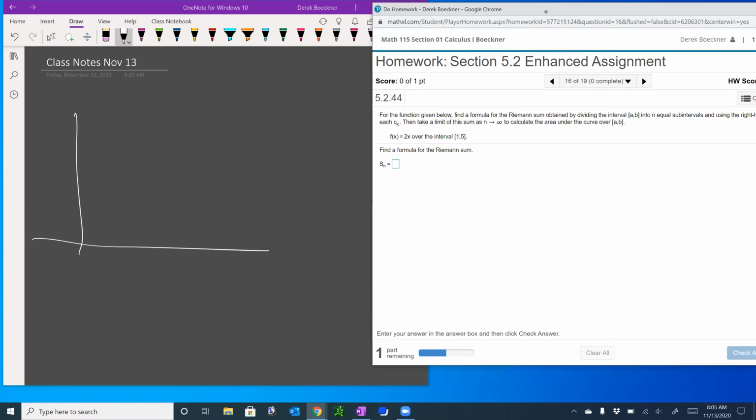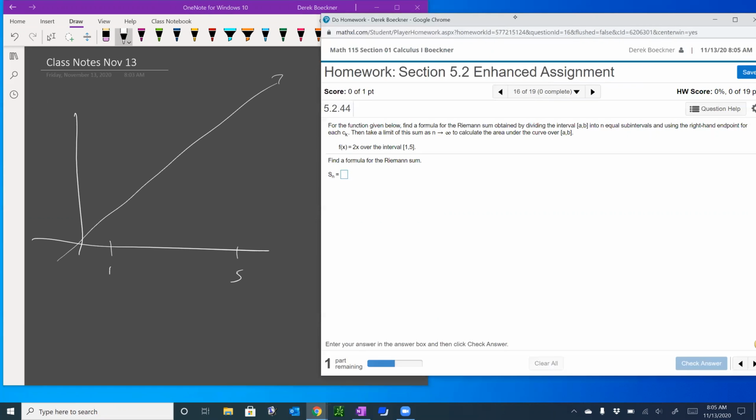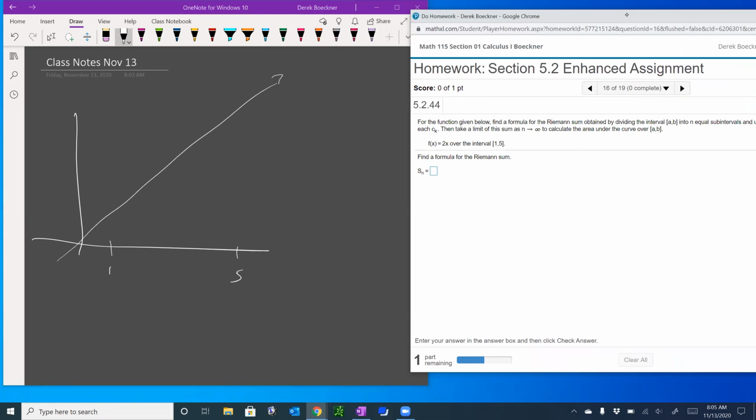Our function was 2x, and we're on the interval 1 to 5. Right-hand endpoints, equal subintervals, n of them. Okay.